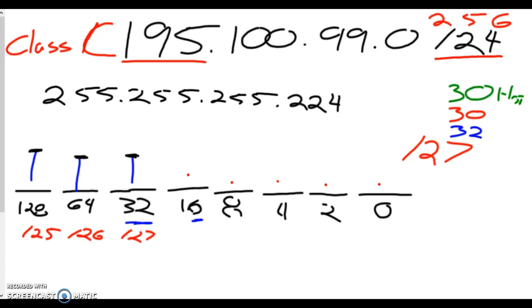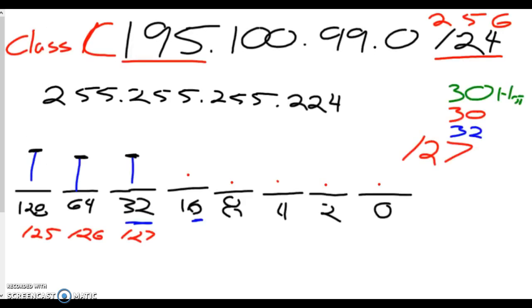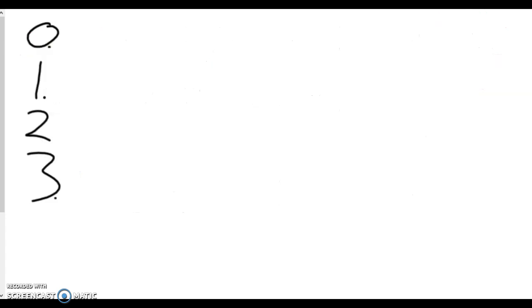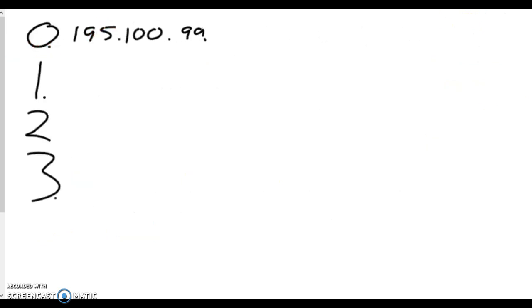So on subnet 0, 1, 2, 3, which is actually subnets 1, 2, 3, and 4. But in networking, we always call the first one a 0. We'll say that our network address for this one is 195.100.99.0.